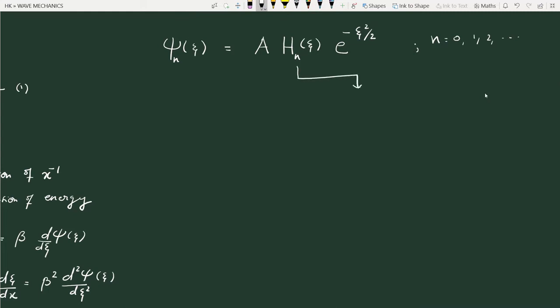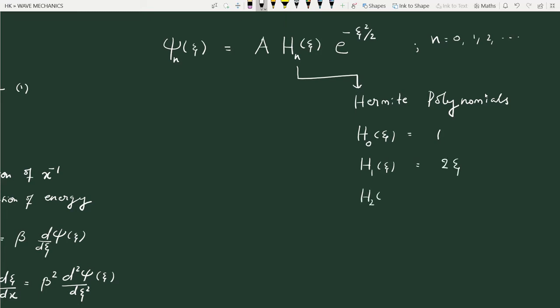So first let us look at these Hermite polynomials. These are polynomials in theta. Let me list the first few polynomials. Remember, the value of n varies from 0, 1, 2, etc. So the first value is n equal to 0. H0 theta, the first polynomial, is 1. Then n equal to 1, H1 theta is 2 theta.